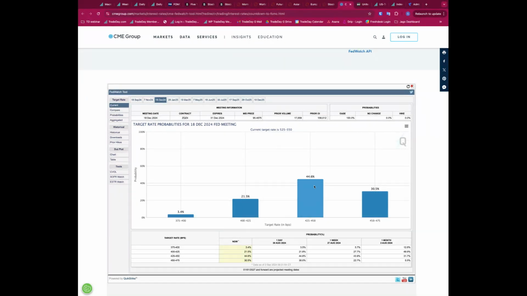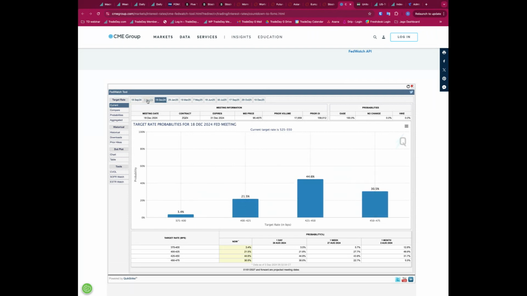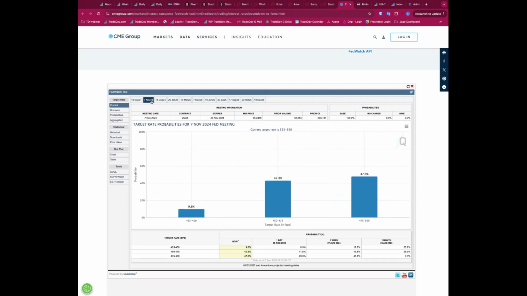But then we're pretty much pricing in at least a 70% chance that we've got at least 100 basis points off. 525 to 550 is the current target rate, 425 to 450 is the other, and then there's an outside chance, nearly 25%, that we get more than 100 basis points down. So the market's pricing in 25, 50, 25, which is a little bit of an unusual structure. That's very unlikely to happen, 25, 50, 25.